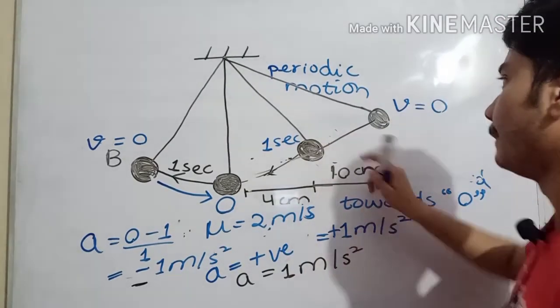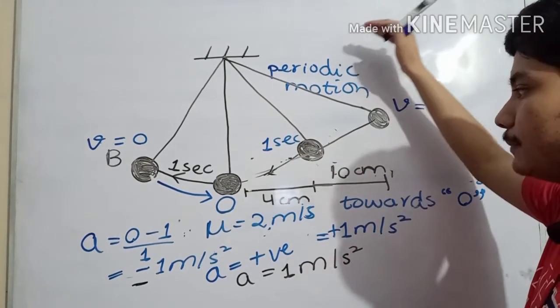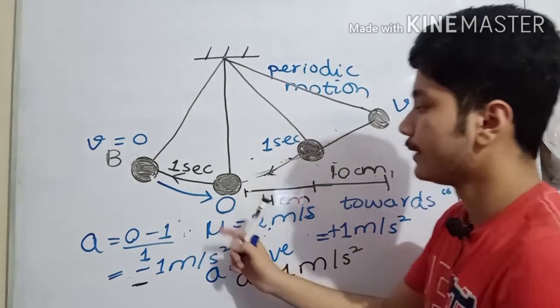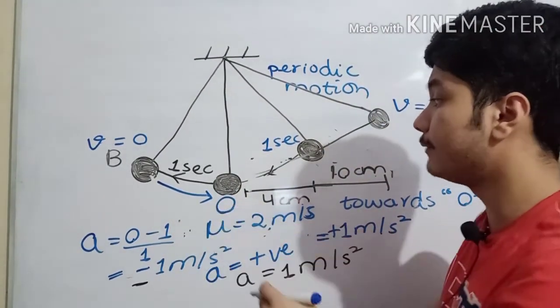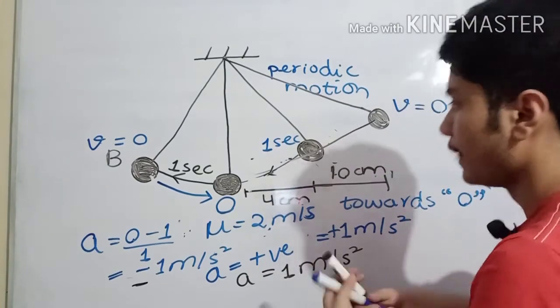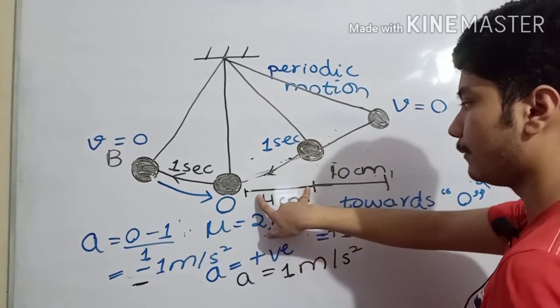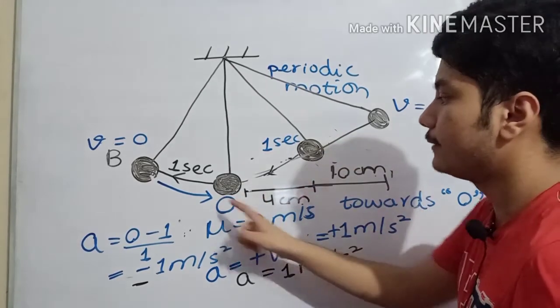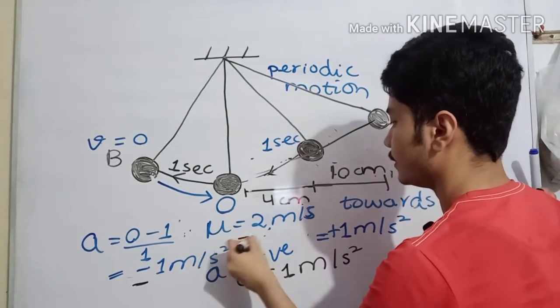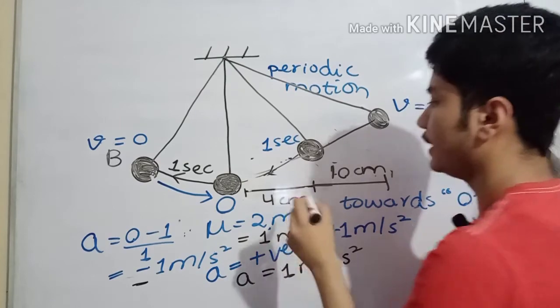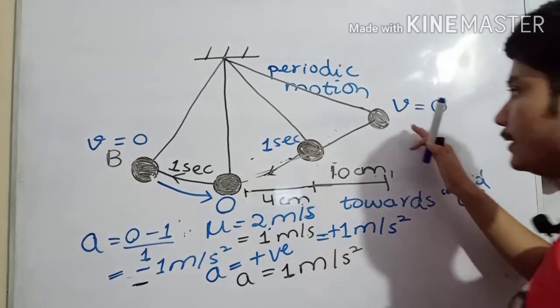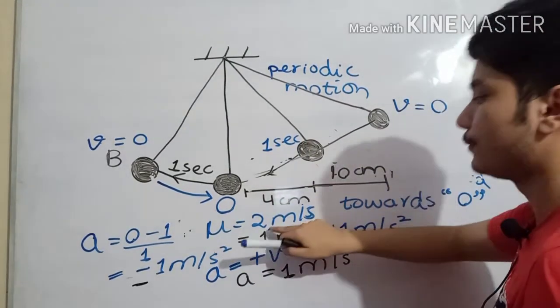Basically, when you increase the displacement, then when it comes to O, its final velocity will be greater. You can see here, in the first condition, when I was displacing the bob by 4 centimeter, its final velocity becomes 1. But when I displace the bob by 10 centimeter, its final velocity becomes 2.